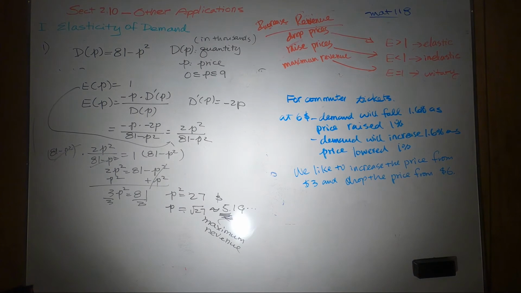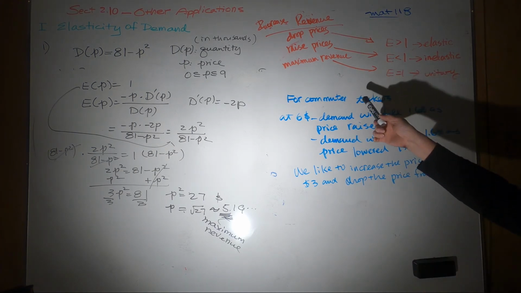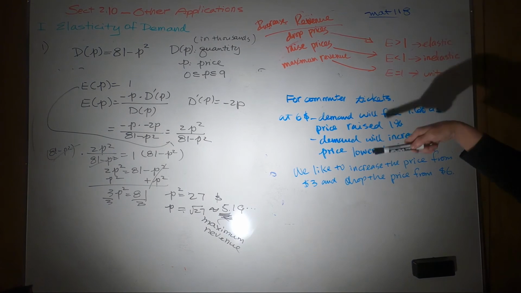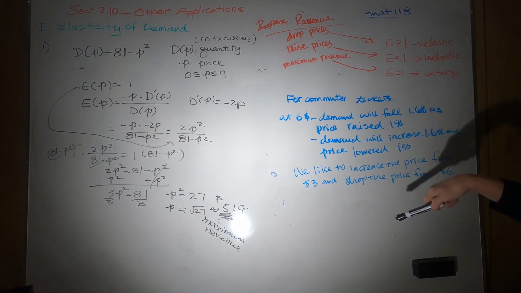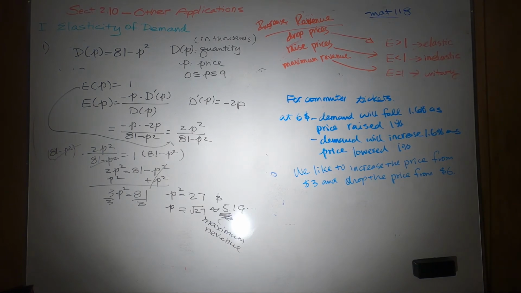That's how we apply the elasticity of demand to maximize the revenue. So if it's a higher price, you drop the price, right? If it's a lower price, you raise the price to increase the revenue.